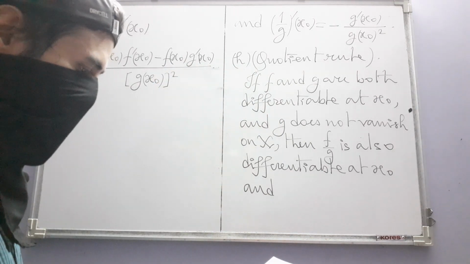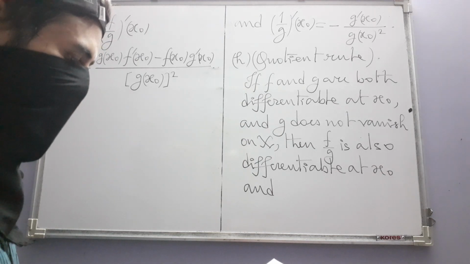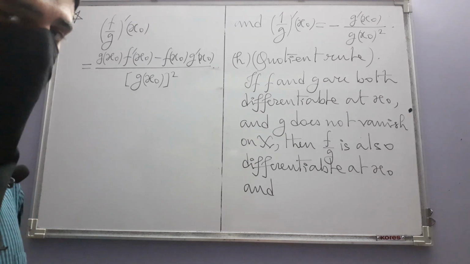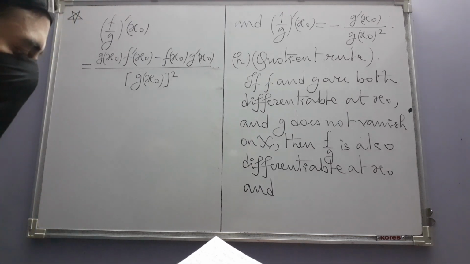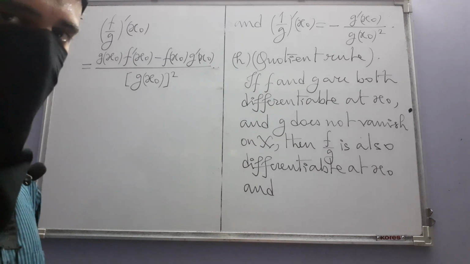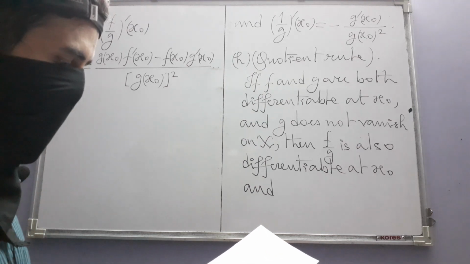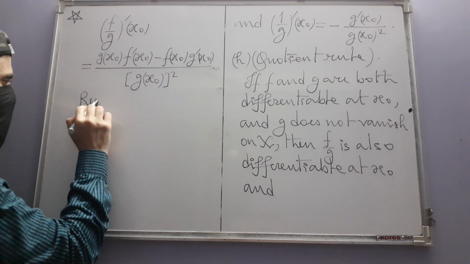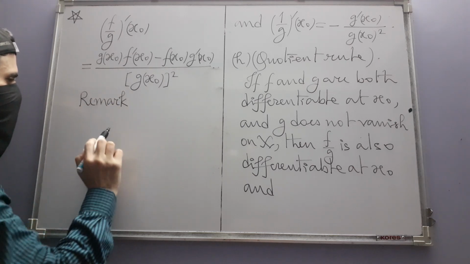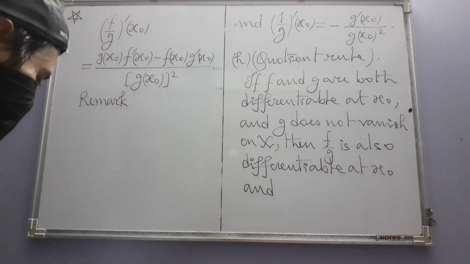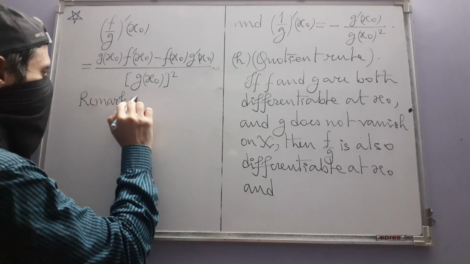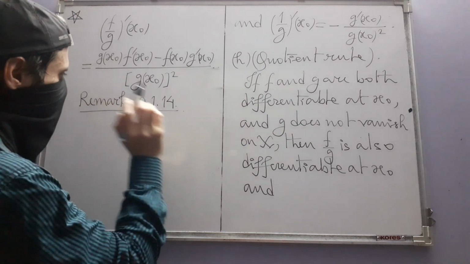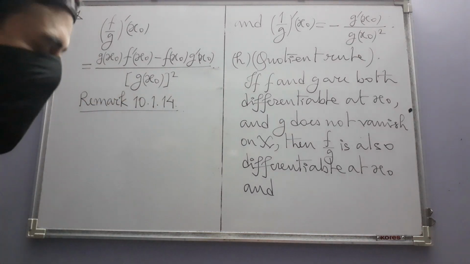And the product rule, of course, is by Leibniz. It's known as Leibniz rule, named after Gottfried Wilhelm Leibniz. That's a remark which appears just after this statement of this theorem. So it's named after Leibniz.